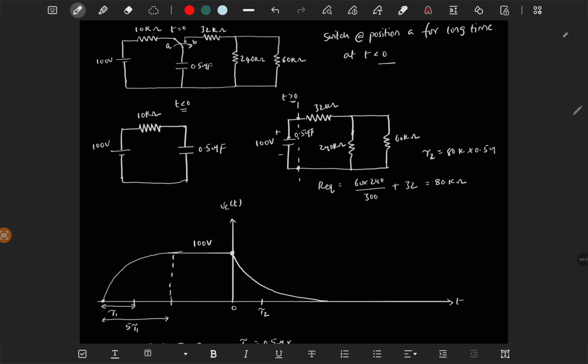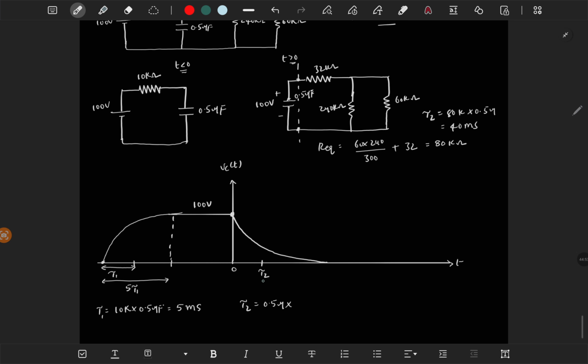So 80 times 0.5 is 40, and this is 40 milliseconds. So here tau 2 is 40 milliseconds. What does it mean?